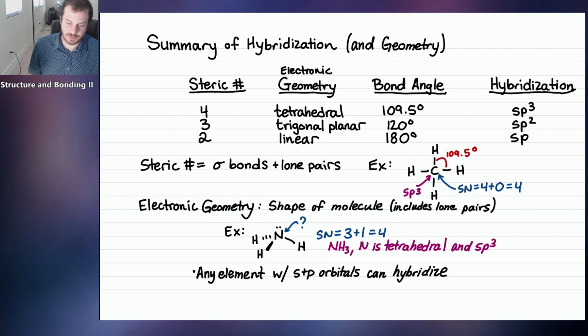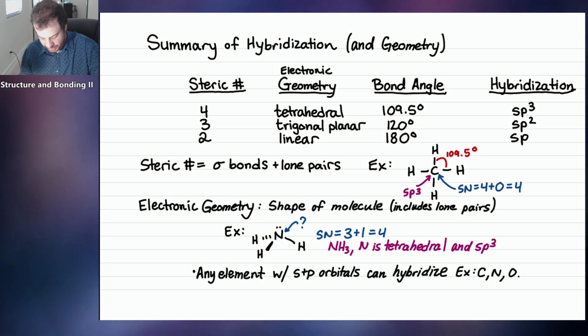So you can talk about the hybridization of carbon, nitrogen, oxygen, even chlorine. We can talk about the hybridization of all of these atoms, but not hydrogen. Hydrogen is an atom that very commonly appears in organic compounds, but it only has s orbitals, so it cannot hybridize. You can't have an sp3 hybridized hydrogen. You need at least one p orbital to be able to do that. So hydrogen would not be able to hybridize.